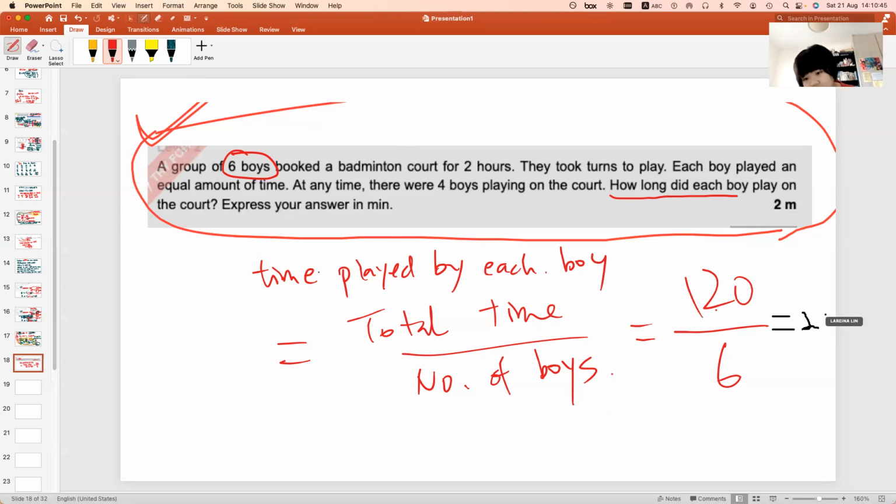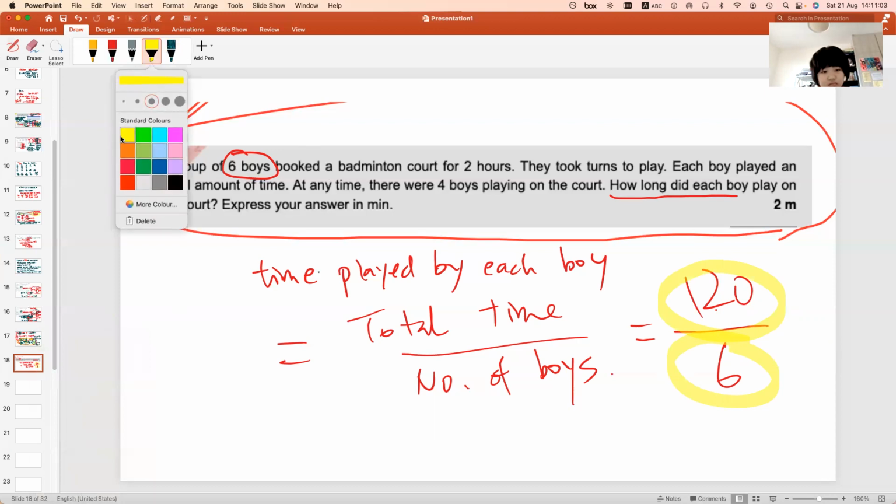So I'm going to explain this to you. I think there is no problem with the total number of boys already, which is 6. Okay. So now the question is, what's the total time? The total time, you need to look at this. Let me highlight. There were 4 boys playing on the court.